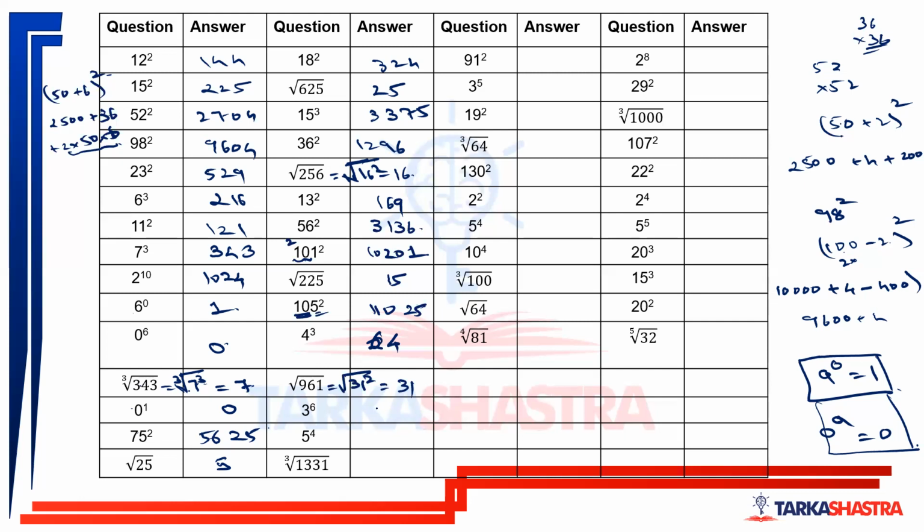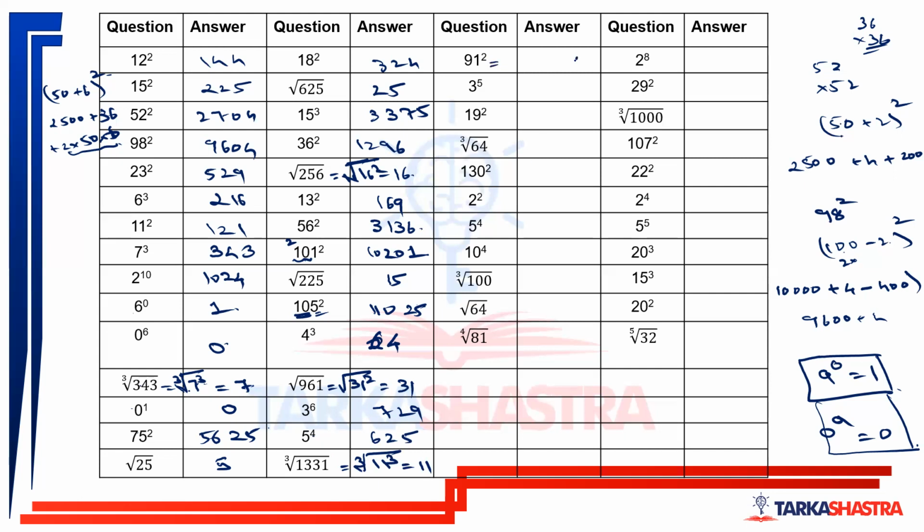Then we have 3 raised to 6, which is 729. We have seen this. Then 5 raised to 4, which is 625. We have calculated this as well. Then the cube root of 1331 is the cube root of 11 cube, which is 11.